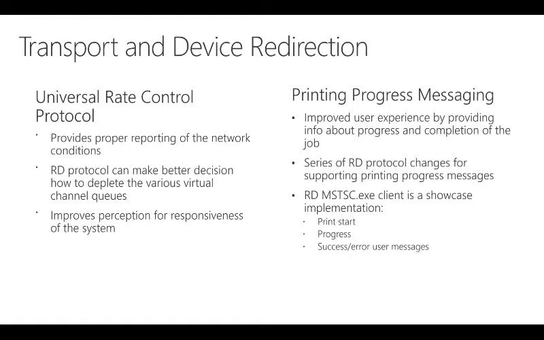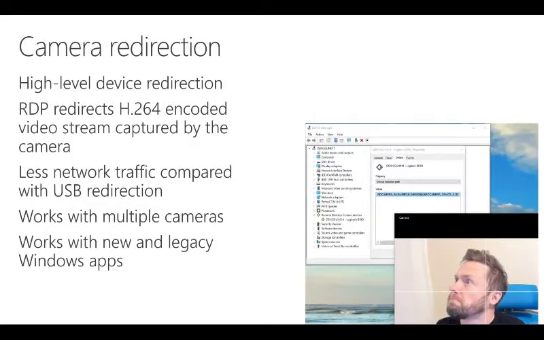We added the camera redirection that redirects the cameras as a high-level device, and it's not a USB redirection, which is not really efficient for cameras. It's a camera device that is visible in your applications, no matter whether you use Teams, WebEx, or any other application that uses a camera.